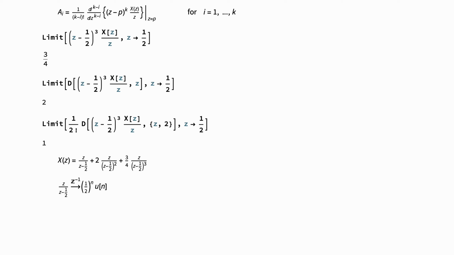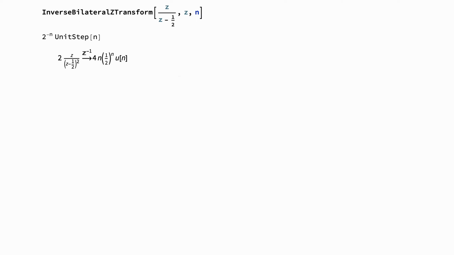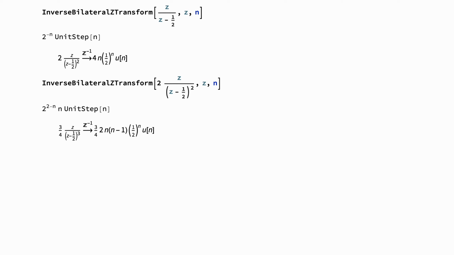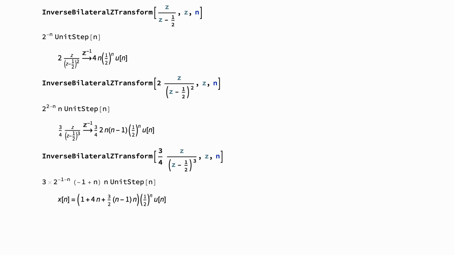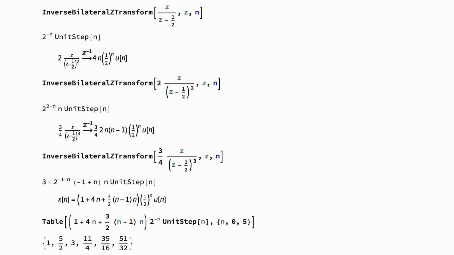For the first term, we have the expression shown here, which we can also verify using the Wolfram Language, and the inverse Z-transform of the second term, verified by the Wolfram Language, and the third term. Putting together these three terms, the sequence x[n] in the time domain will be given as shown here. We can again also look at the first few samples of the sequence.